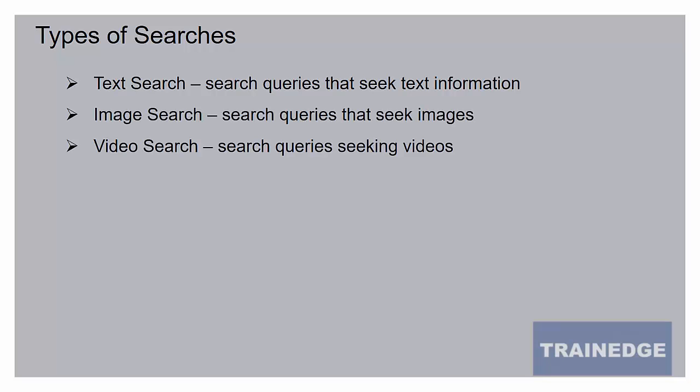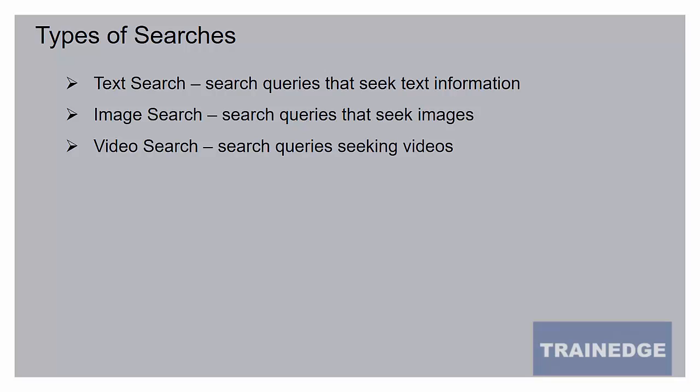Let us also look at the different type of searches. You can search for text, you can search for images, you can search for videos, and you can see all of these in any Google or Bing search result. When you search Google or Bing, the default search result is a text search result from across the web. Then there is a text search result from news vertical.